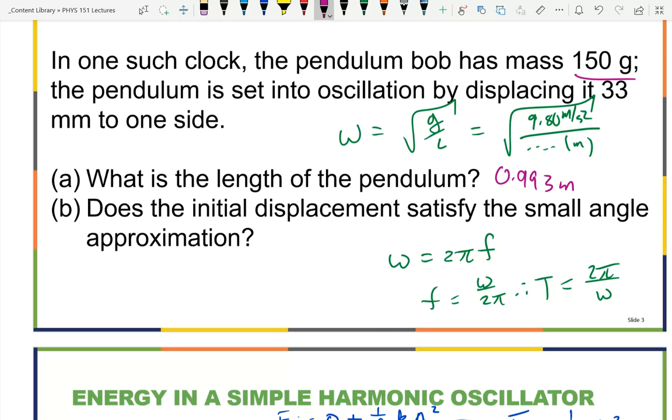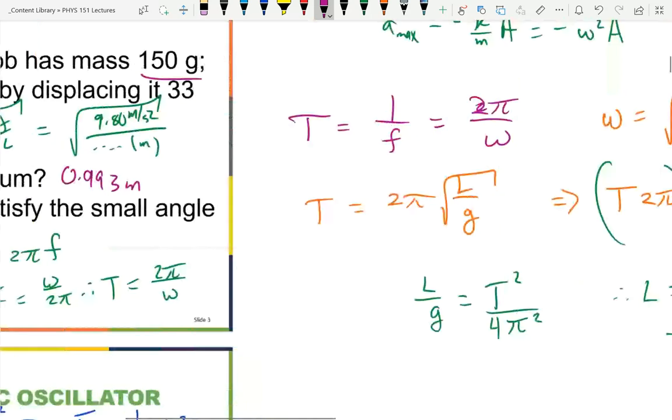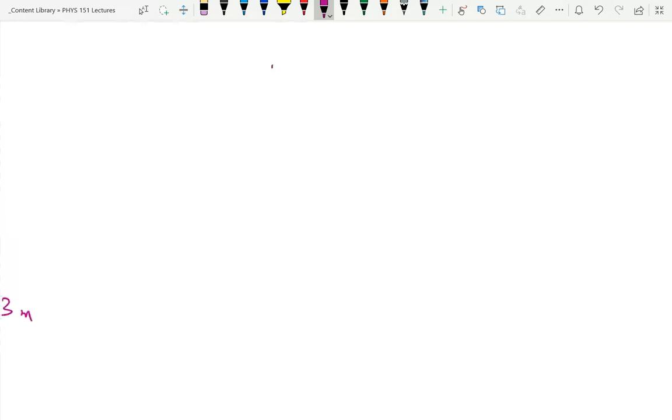Does this initial displacement satisfy the small angle approximation? Okay, now we can do trigonometry. What is the small angle approximation? Sine theta is approximately equal to theta. So we can use some trig. Here's L. Here's what we call S, the arc length.